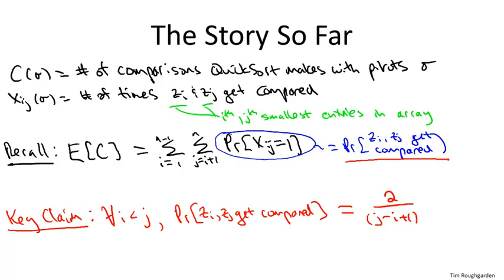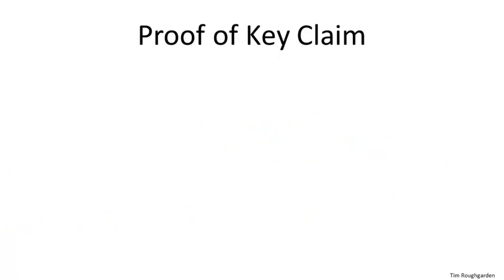So for example, for the third smallest element and the seventh smallest element, it would be exactly 40% of the time, 2 over 5 is how often those two elements would get compared if you ran quicksort with a random choice of pivots. And that's going to be true for every j and i. The proof of this key claim is the purpose of this video.